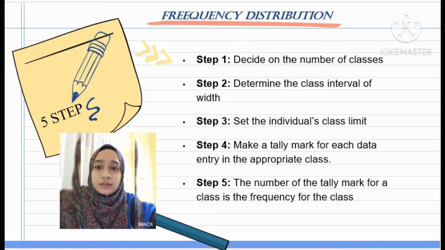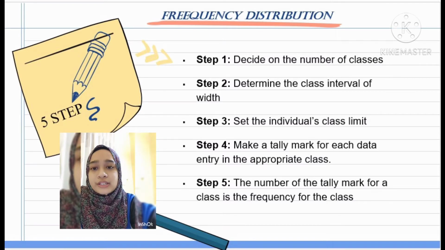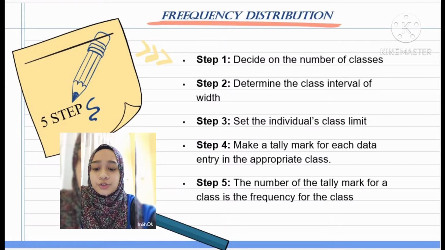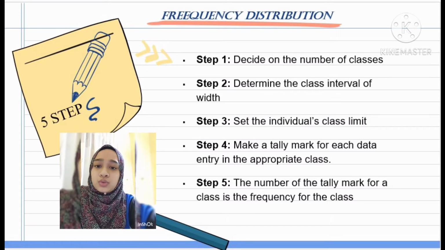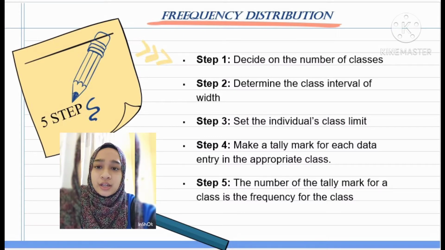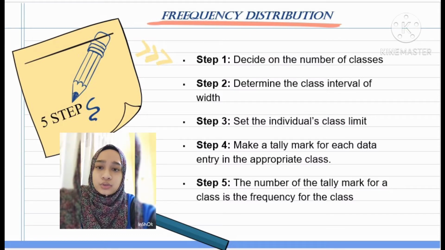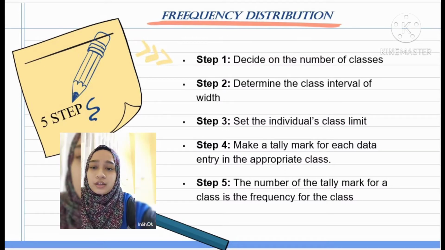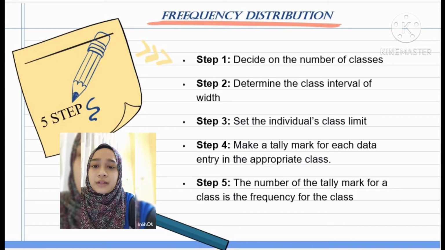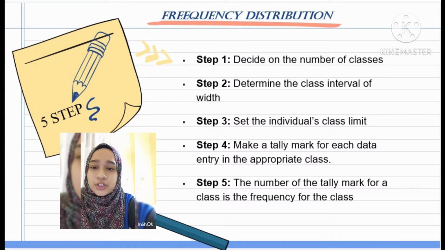According to table 1, the frequency distribution table shows the data number of the labor force in the age 35 until 39 from 1982 until 2019 in Kelantan. It has 5 steps in frequency distribution.